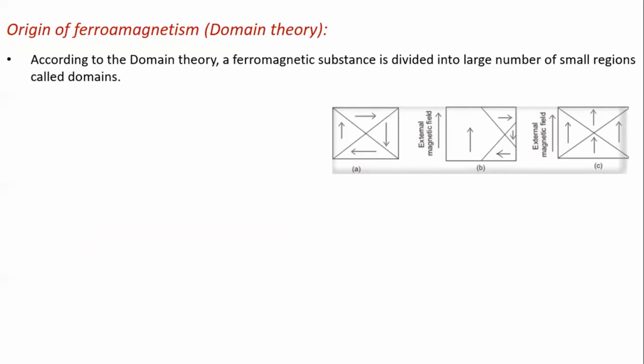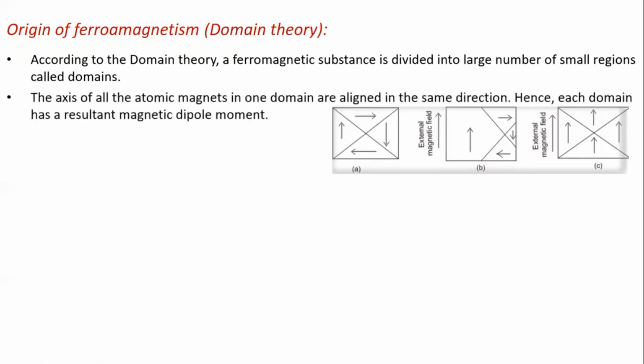Now let's see more about this. The axes of all the atomic magnets in one domain are aligned in the same direction. You can see here that all atomic magnets have their dipole axes, meaning the axes of the dipole moments, in the same direction.